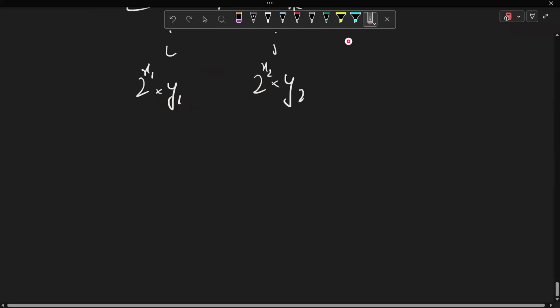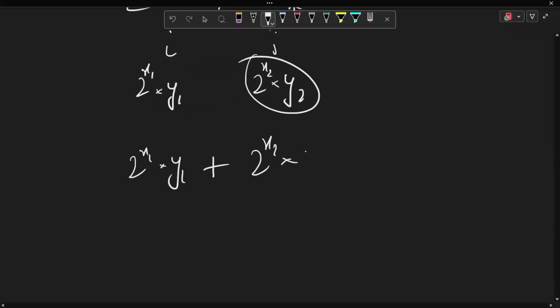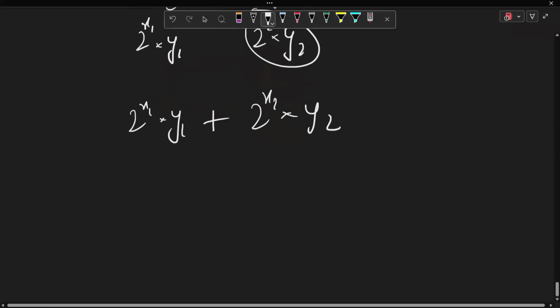So the question is, would you transfer this x1 there? The current sum is 2 to the power x1 into y1 plus 2 to the power x2 into y2.